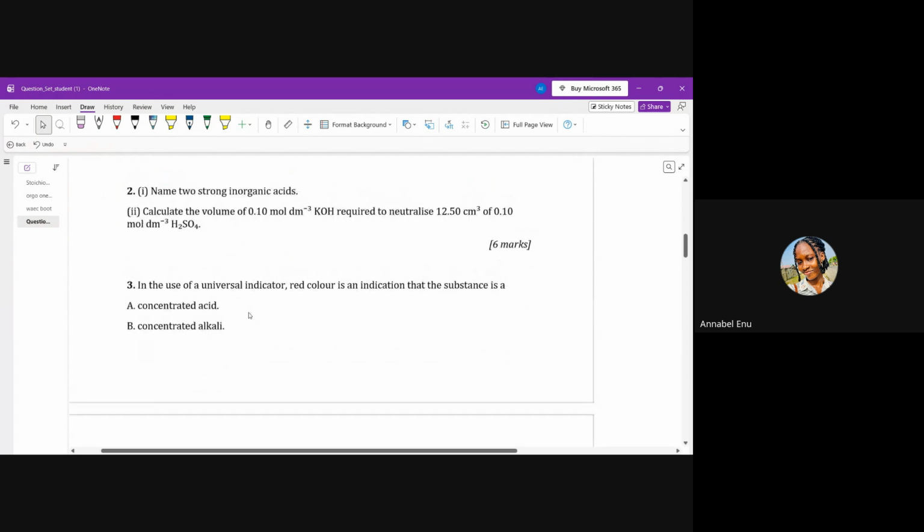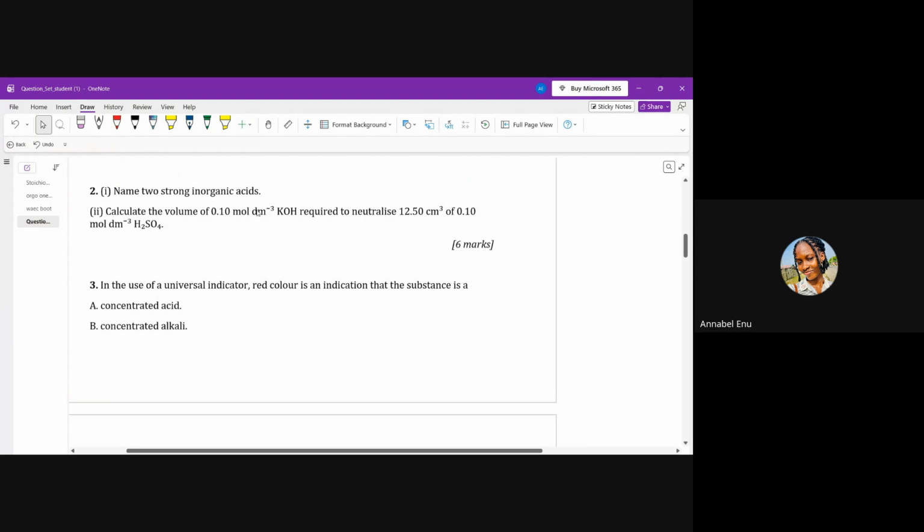That is it. Now the next question says calculate the volume of this mole per dm cube of KOH. So this is a titration question.